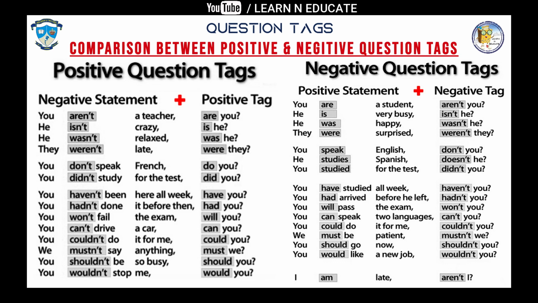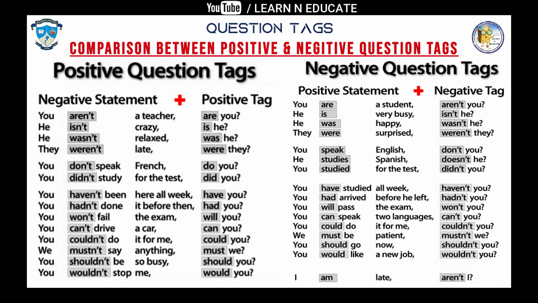He was happy, wasn't he? So what's the auxiliary verb here? Was. And was is changing into wasn't, which is the contracted form of was not. They were surprised, weren't they? Were changes into weren't. Next, you speak English, don't you?